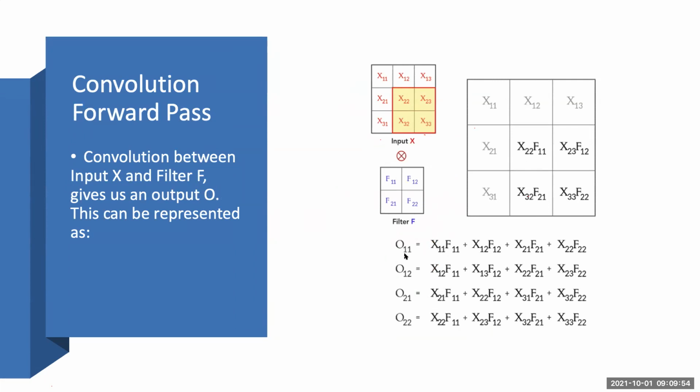So we can find dO11 with respect to X and with respect to F. And basically, if we try to find, for the first equation, the output with respect to the filter at F11, the gradient would be X11. Same thing if you try to find the gradient with respect to X11, you get F11.